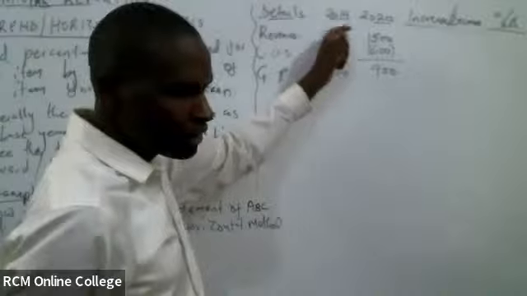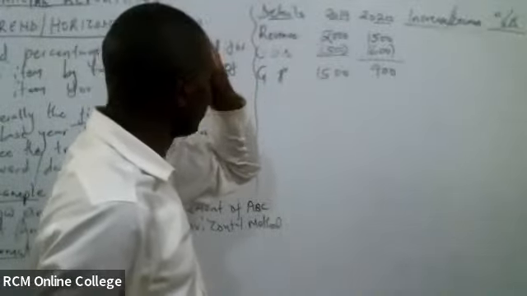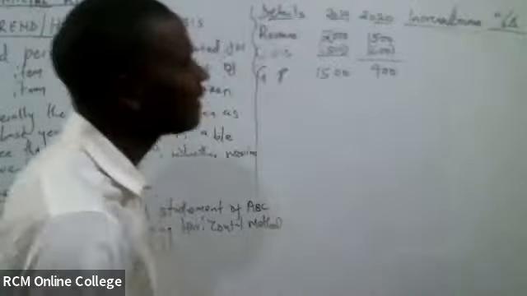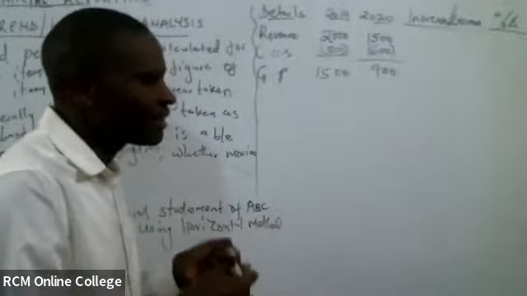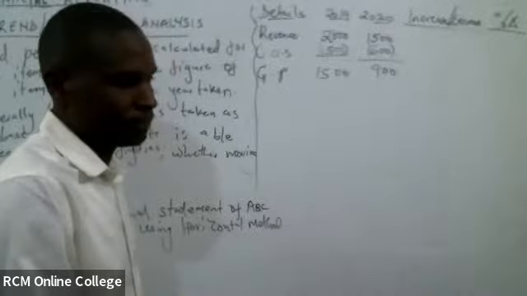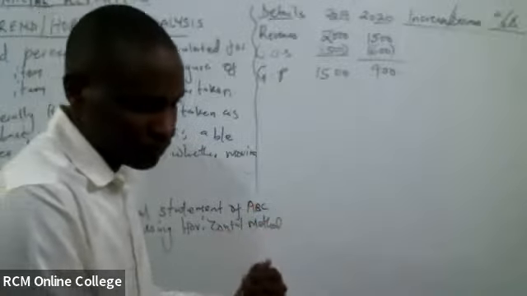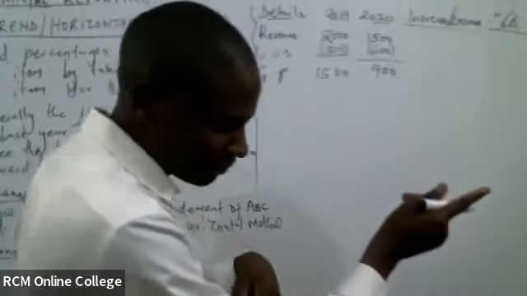In 2019, which is the previous year, the revenue was 2,000. In 2020, the revenue dropped to 1,500. So it decreased. Now, what is the amount of decrease? What is that value of decrease? 1,500 minus 2,000.